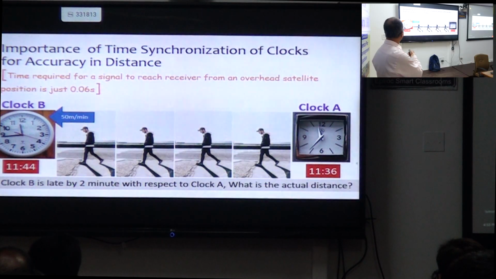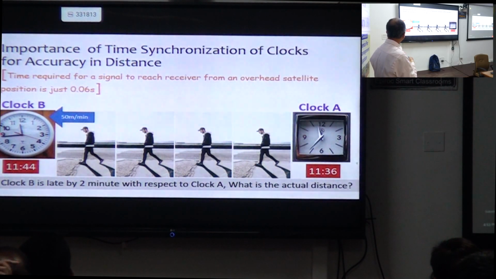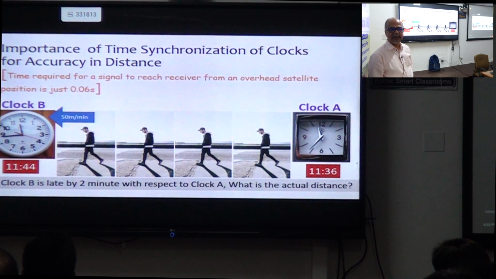Because the clock is late by 2 minutes here, the actual time should have been 11:46, but the clock is late. So if it is 11:46, then actual time taken is 10 minutes.